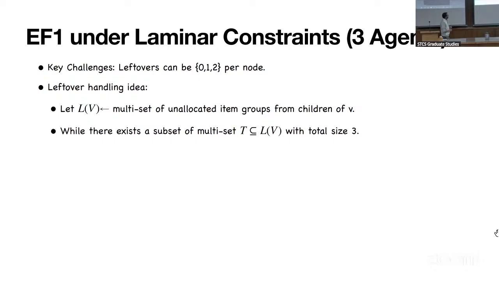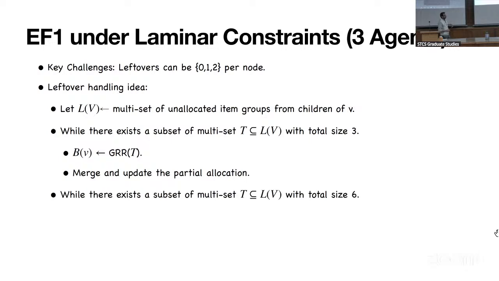If there are multiple bundles and a subset of them sums to 3, then we will run the round robin on this subset. Similarly, we merge it into the partial allocation. Then we remove the envy cycle and do it again for the other set of 3 items.